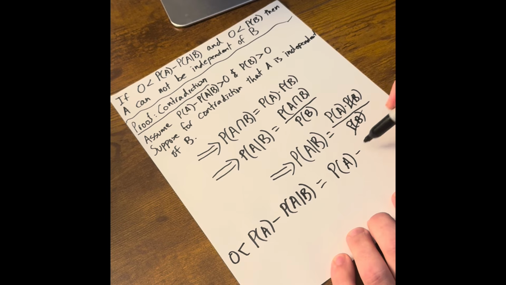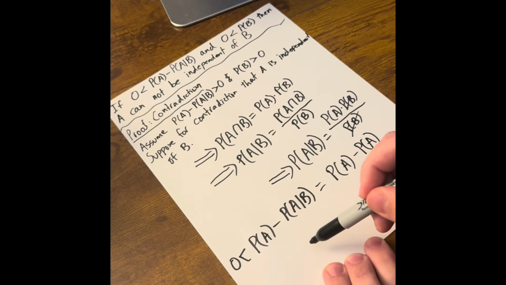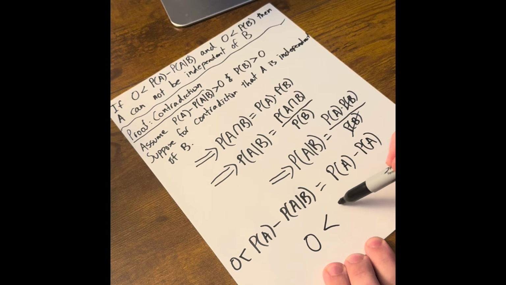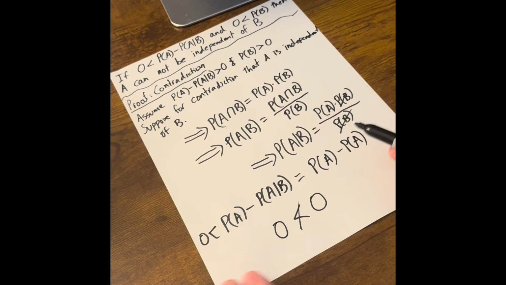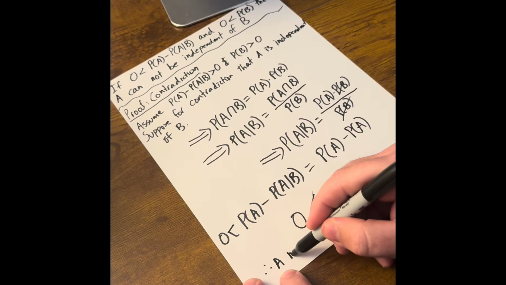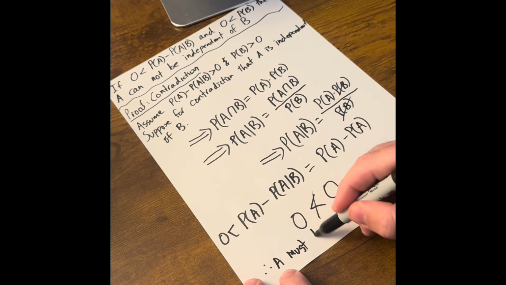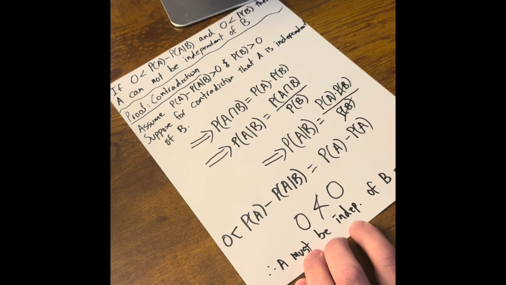Probability of A minus the probability of A, well, we know that's 0, so we have this inequality: 0 is less than 0. We can't have that. That's a contradiction. So therefore, A must be independent of B. All right, easy peasy.